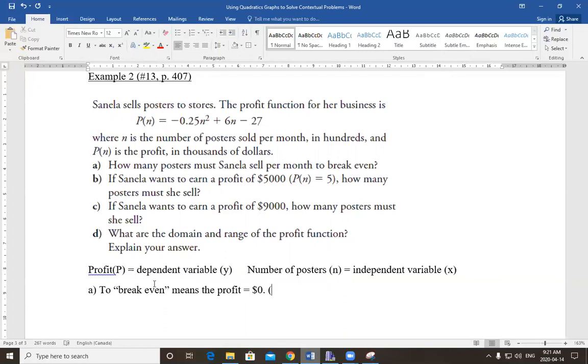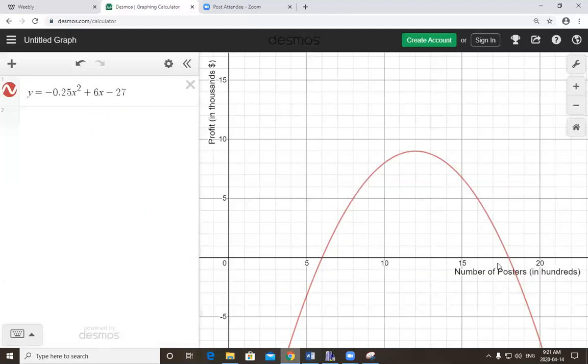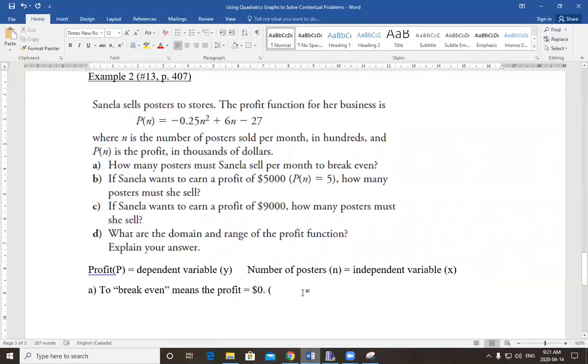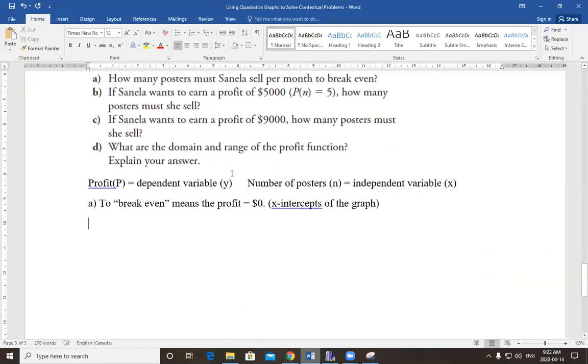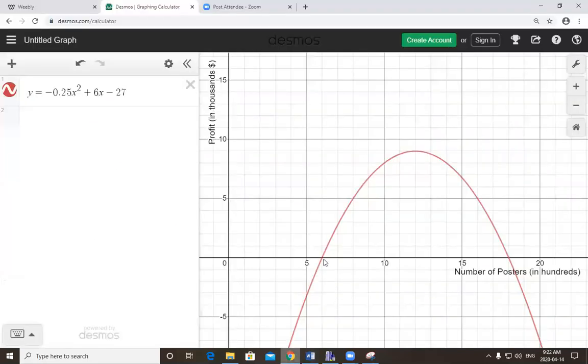So here on the graph, how do we find that? We look at the x-intercepts. Okay, so we look at the x-intercepts of the graph, and there are 2 of them. Okay, (6, 0) and (18, 0).